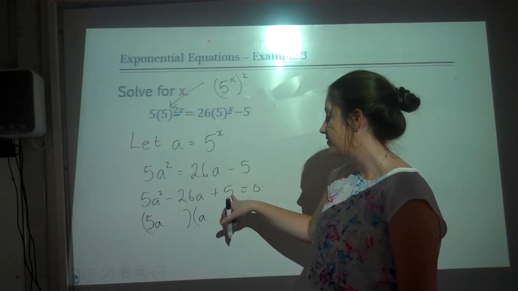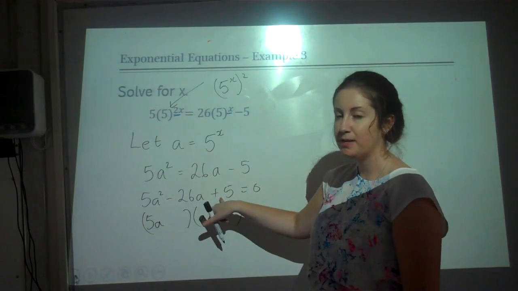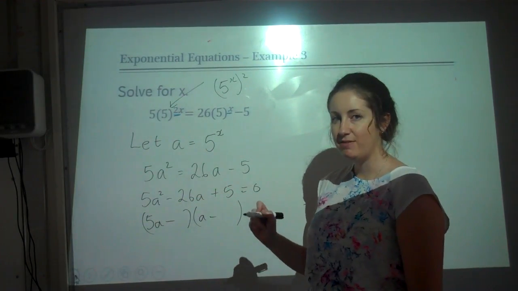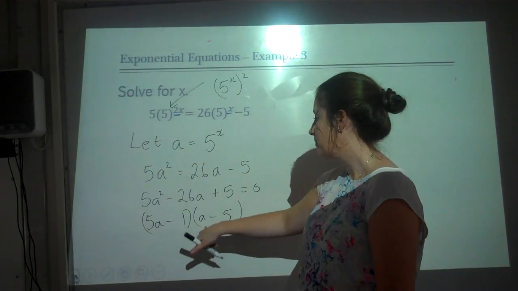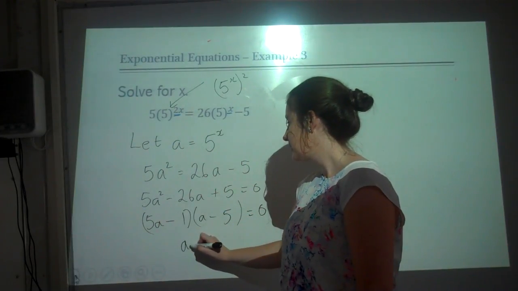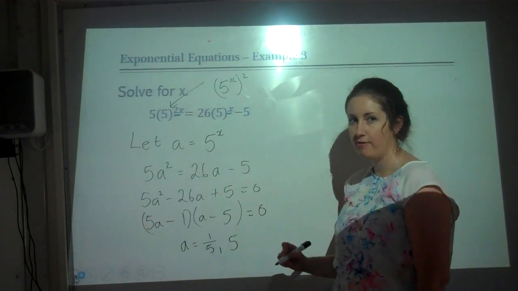The only factors of 5 are going to be 5 and 5. Because this is a positive here, we need to multiply to get a positive, but add to get a negative. Both brackets are going to need to have a negative. So we have negative 25 minus 1 will give me the negative 26. This tells us that a equals 1 on 5 or a equals 5.